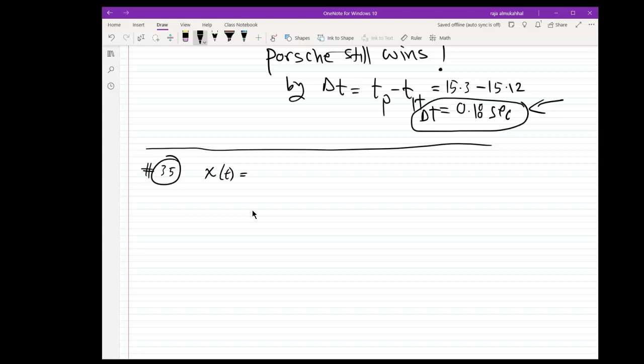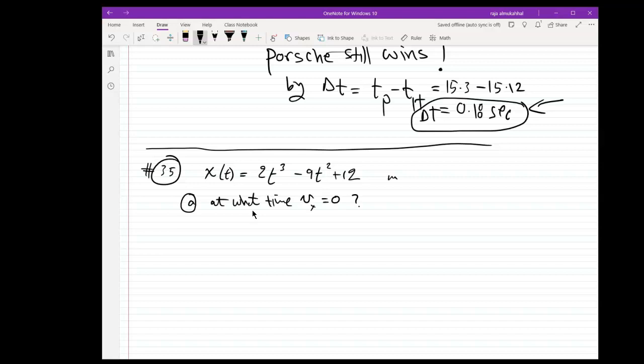So we have x of t equals 2t cubed minus 9t squared plus 12, where x is in meters, of course, and t is in seconds. Okay, so we have part A and part B. Part A says, at what time is the velocity v sub x equal to 0?